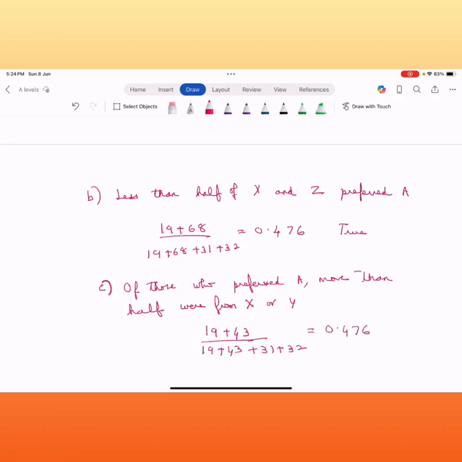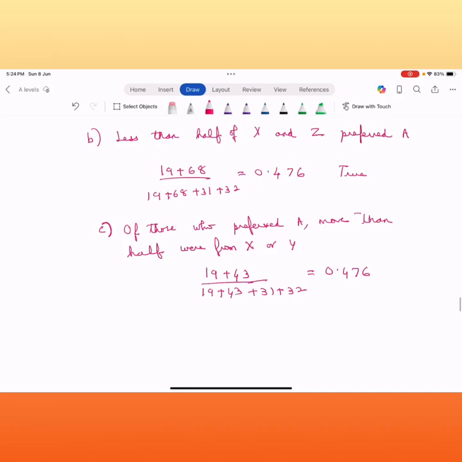So this is a false statement, because less than half were from X or Y.